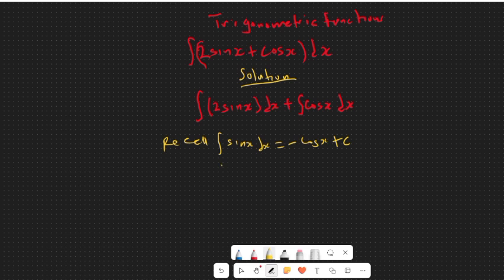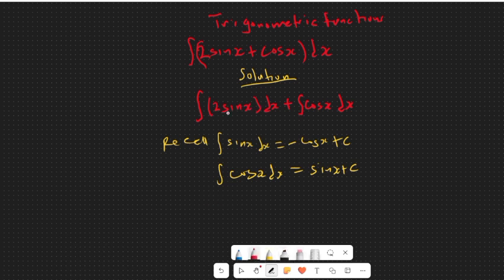While the integral of cos x dx will give you sine x plus c. Okay, note that, which we are going to be applying here.